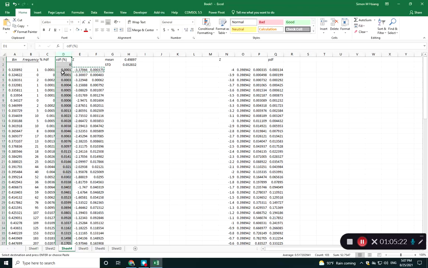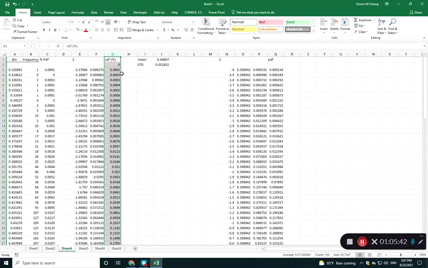This is accumulate, accumulate, accumulate. This one is based on the normal inverse. Basically, Excel gives me the distribution probability. Let me just move these guys over here so we can see them side by side.